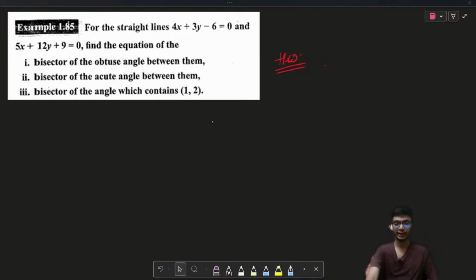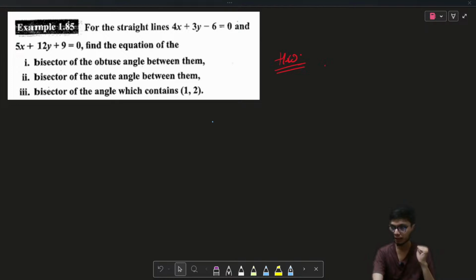Today, as we proceed with the angle bisector concept, we are going to discuss how I can predict which bisector is going to be my acute angle bisector and which is going to be my obtuse angle bisector, right? So today we are going to learn about this important concept.